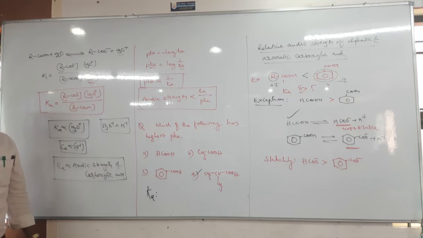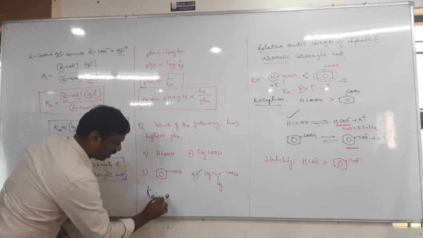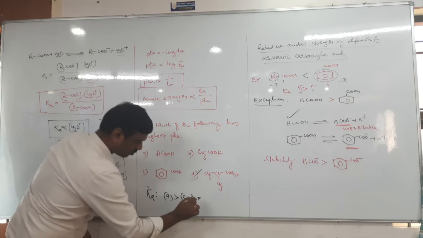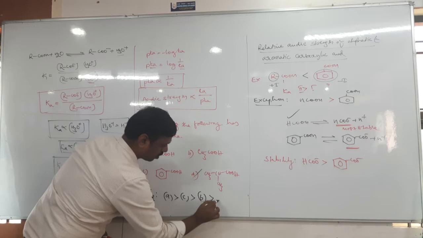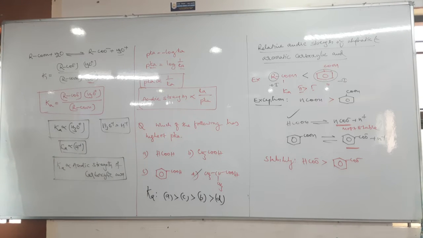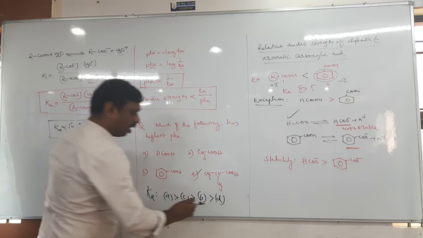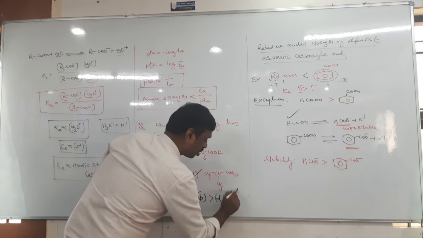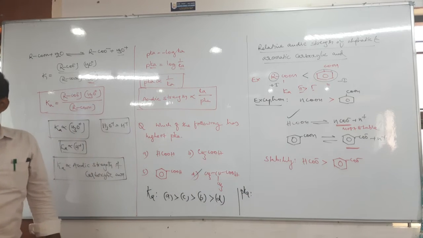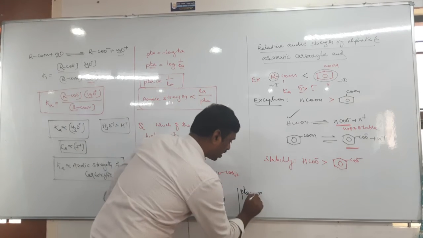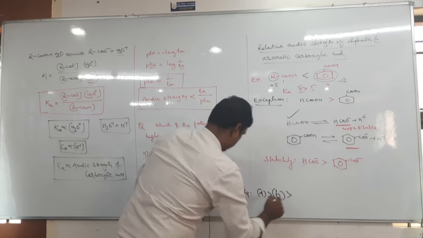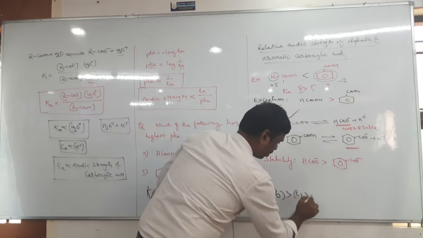One exception is there. So therefore A is more acidic, then C is more acidic, then B, then D. Now I want the same in the decreasing order of pKa. Which has the highest pKa? D has the highest pKa. Next is B, then C, then A.